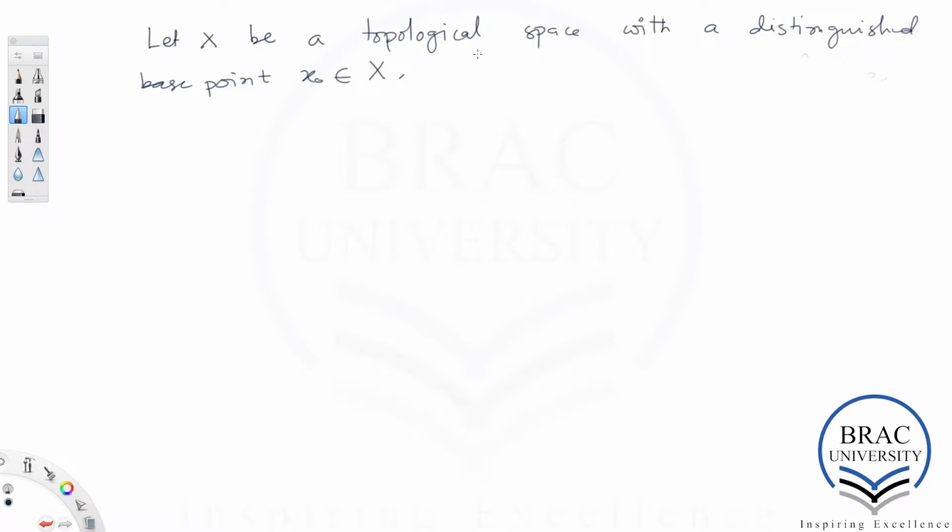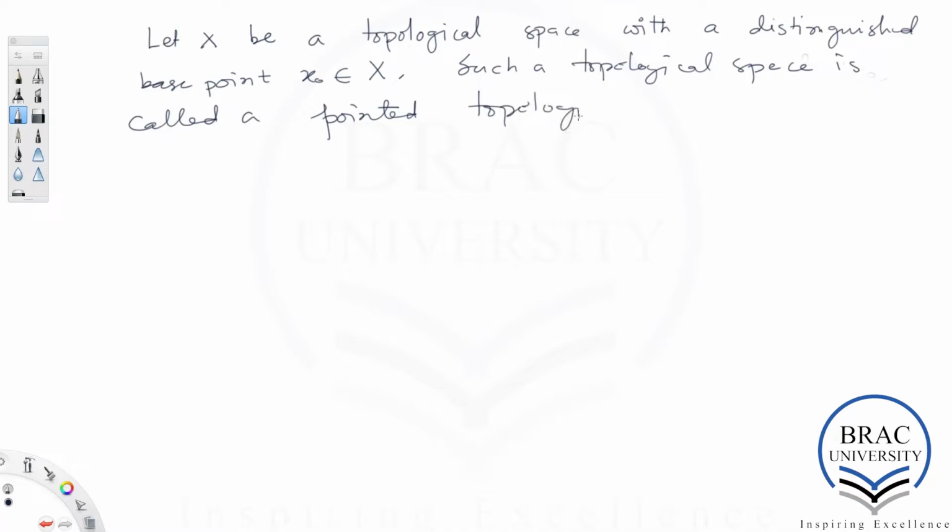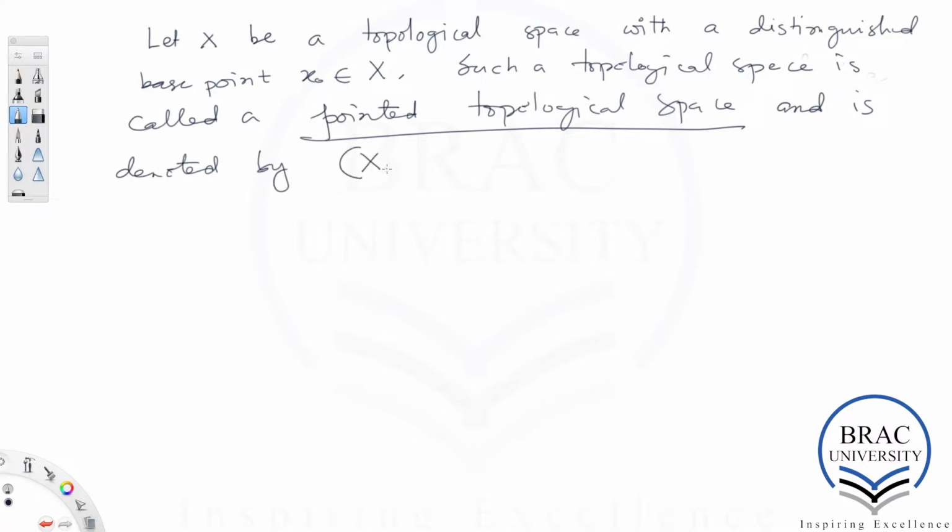Let X be a topological space with a distinguished base point x0 in X. Such a topological space is called a pointed topological space, and is denoted by this pair X, x0.